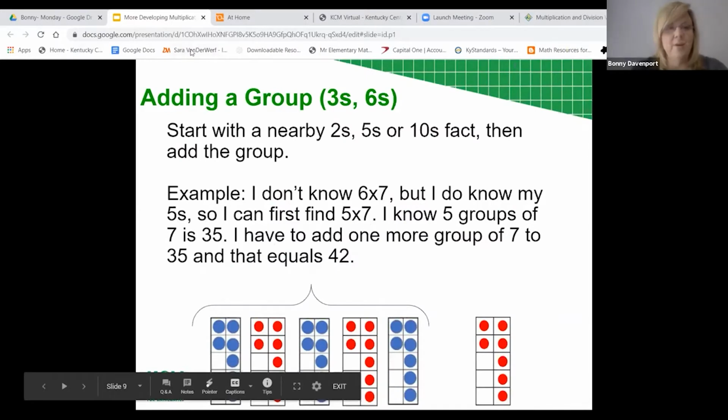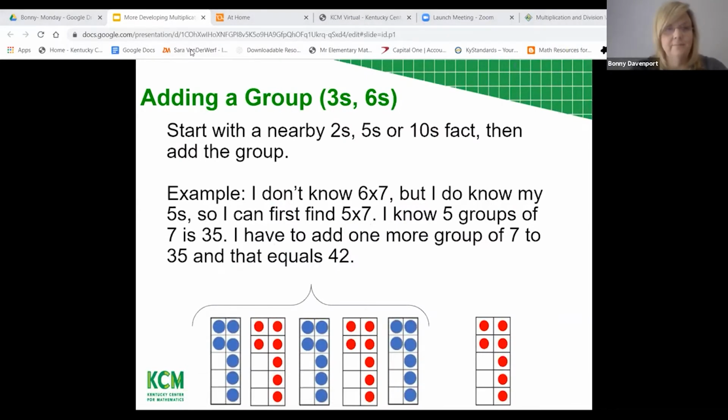Okay, so the adding a group strategy is really great for kids when they're learning their 3s and 6s facts. For example, you're going to start with a nearby 2s, 5s, or 10s fact, because those are our foundational facts, things that kids know before they start doing these derived facts, and then add a group.